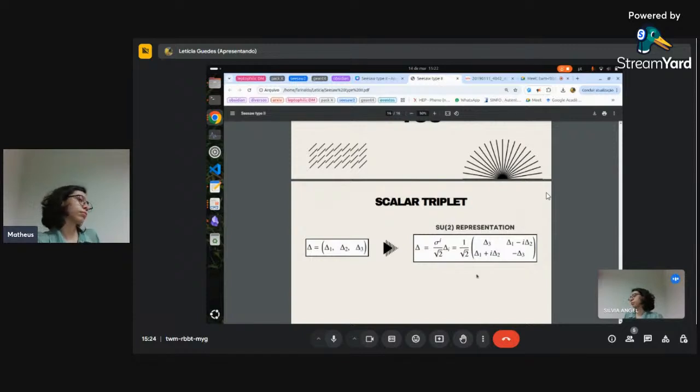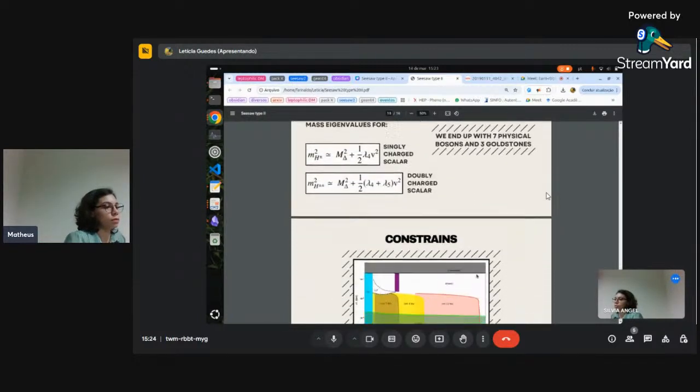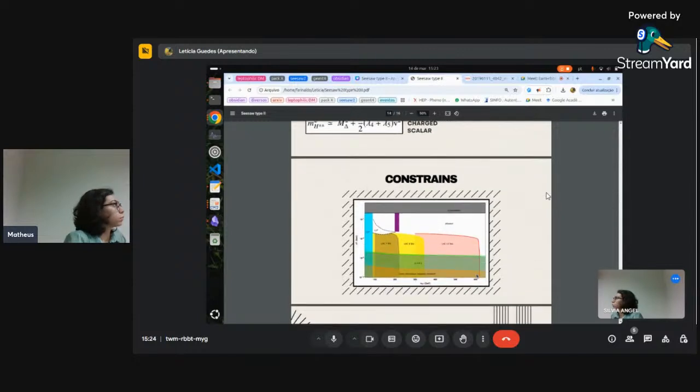Is there any other parameter space region that's interesting to see? Because you show the mass of the doubly charged and the VEF, right? But did you find any other paper talking about other parameter spaces like this? Yeah, actually, I found, but I didn't read further.